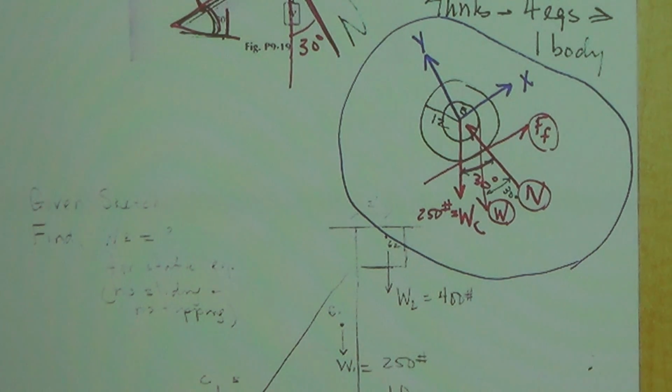So why then are they calling mu minimum? Enrique? I guess they're asking for the minimum amount of mu in order to keep the cylinder in equilibrium. Right. If mu is greater than 0.577, it's still going to stay there.